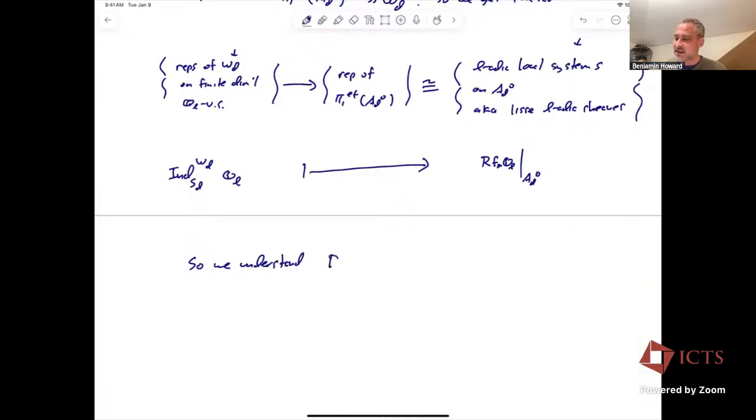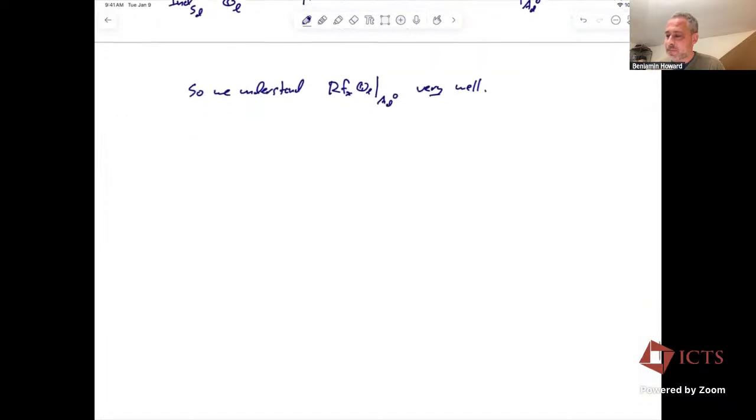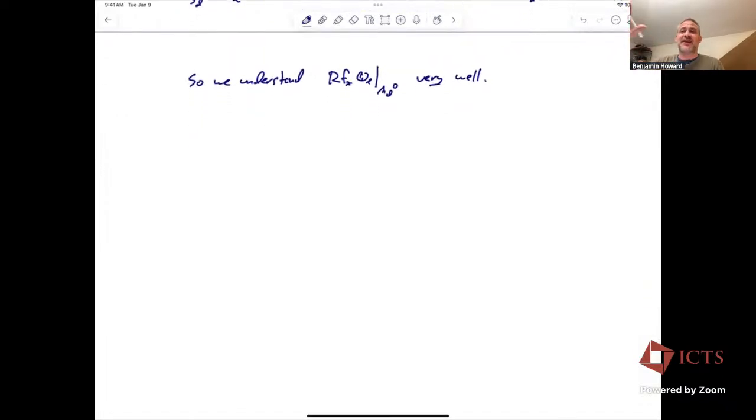So we understand this guy very well. But that's not good enough. We need to understand this higher direct image over all of AD, not just over this open dense subset. And this is where the voodoo happens. So now you invoke the theory of perverse sheaves.